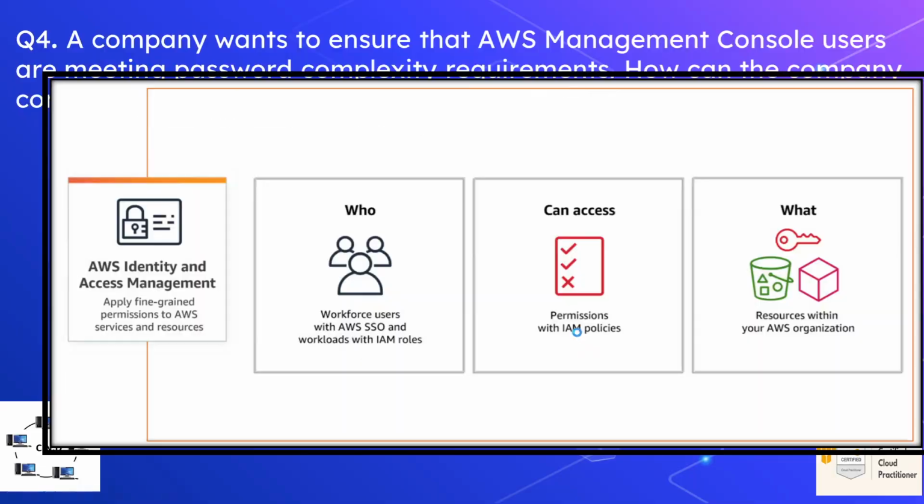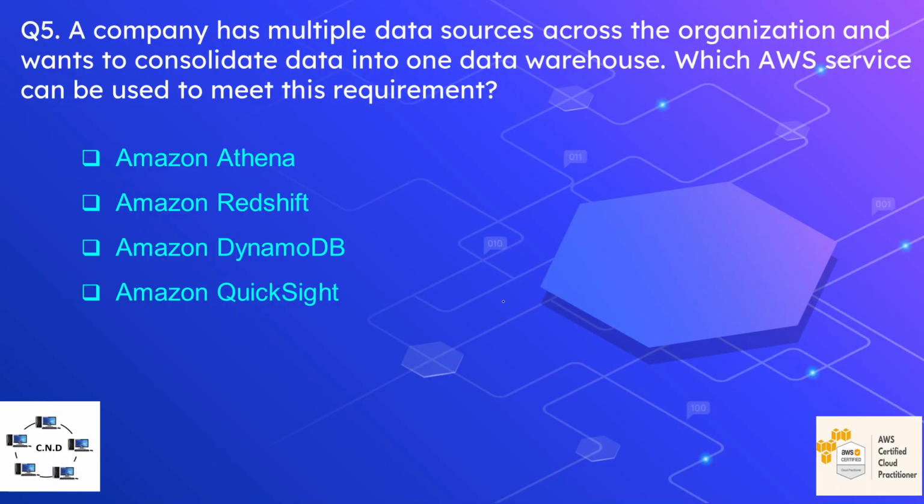Question number 5 is: a company has multiple data sources across the organization and wants to consolidate data into one data warehouse. Which AWS service can be used to meet this requirement? Again, we have a question about the data warehouse, and the options are option A, Amazon Athena, option B, Amazon Redshift, option C, Amazon DynamoDB, and option D, Amazon QuickSight.